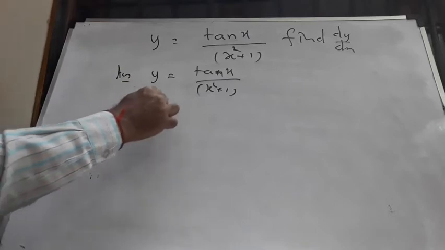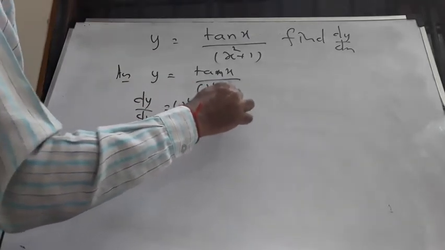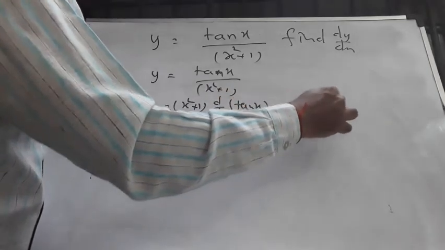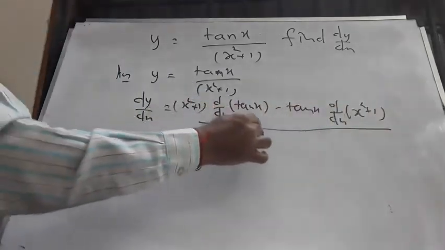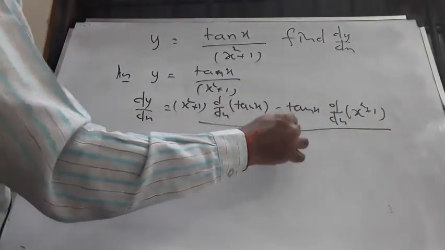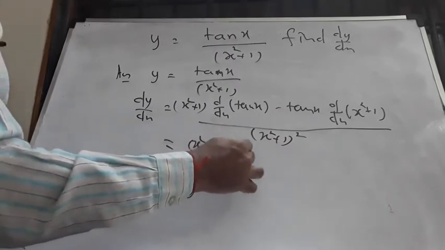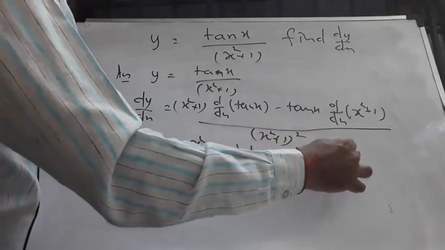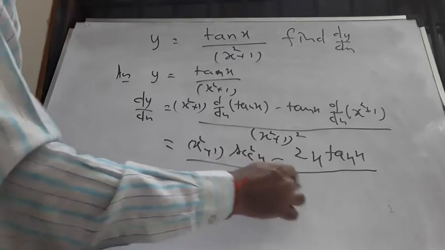Therefore, dy by dx happens to be x square plus 1 into d by dx of tan x minus tan x into d by dx of x square plus 1, whole divided by x square plus 1 the whole square. Therefore, this will become x square plus 1 into secant square x minus 2x into tan x, I am writing this 2x at the beginning, divided by x square plus 1 the whole square.